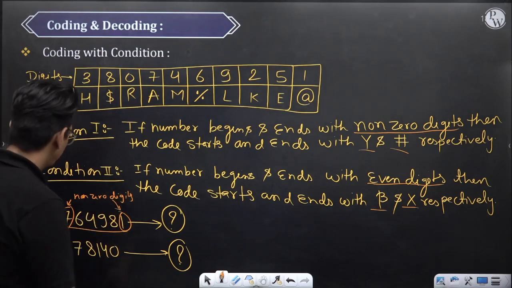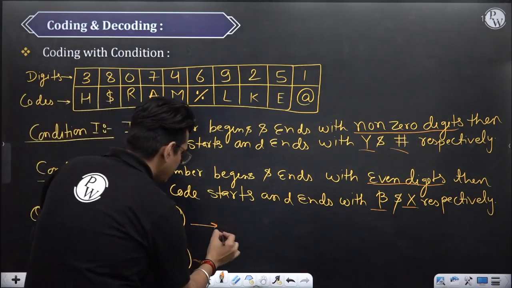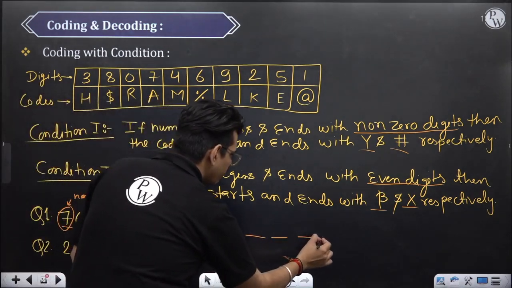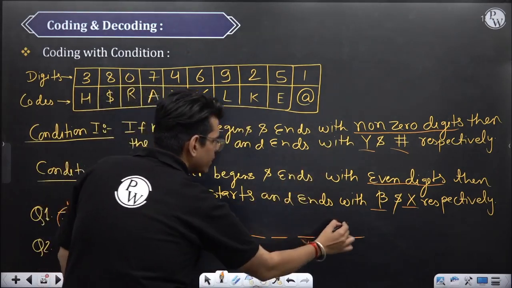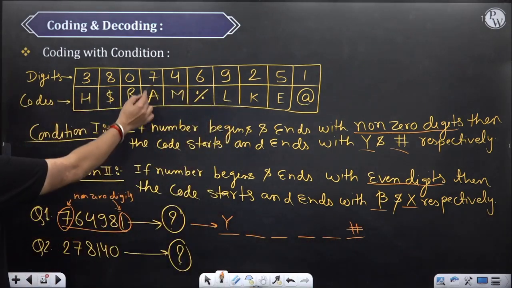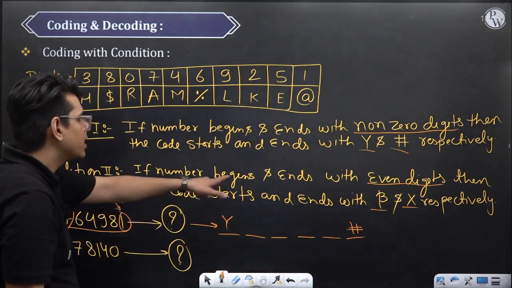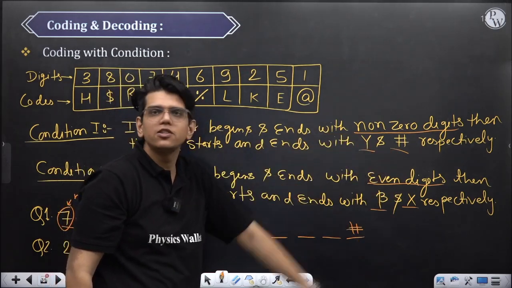So the number is 7 6 4 9 8 1. First we will start with y and finish with hash. Even though 7 has a code, we won't write it because the condition is given. If this is happening, we should start with y and finish with hash.